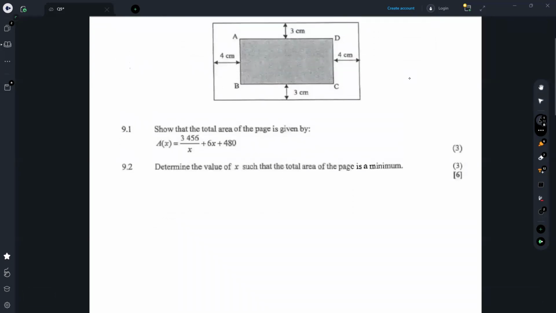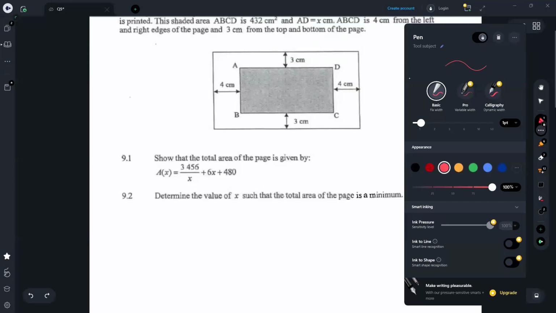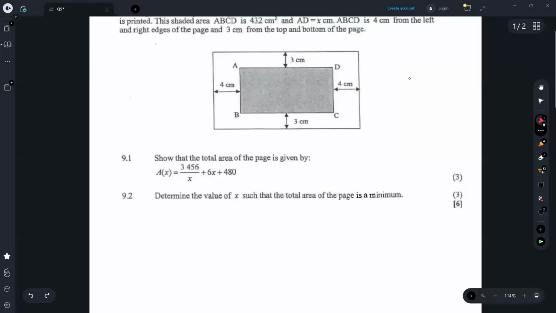Maybe I could just indicate right there on the paper. So let me change a pen here. Let me use red. They told us that AD, so that length right there, will be X centimeters.